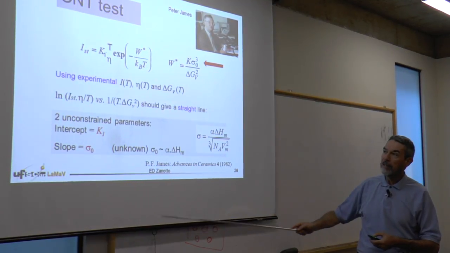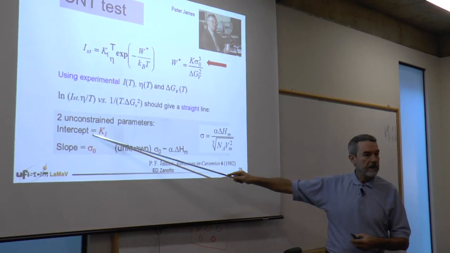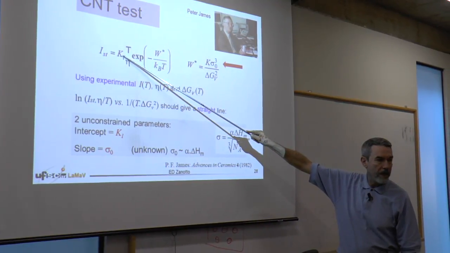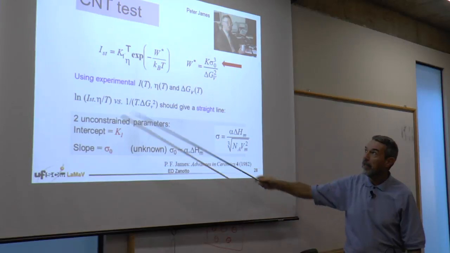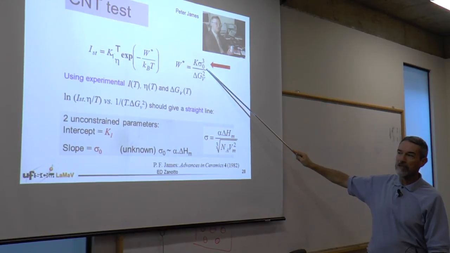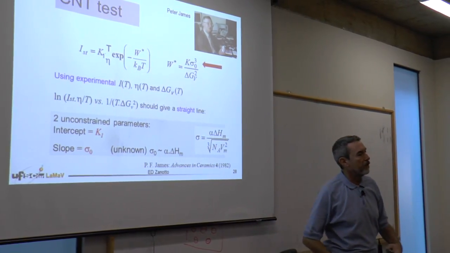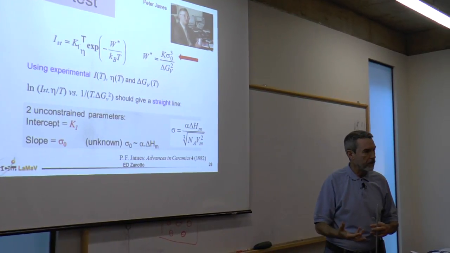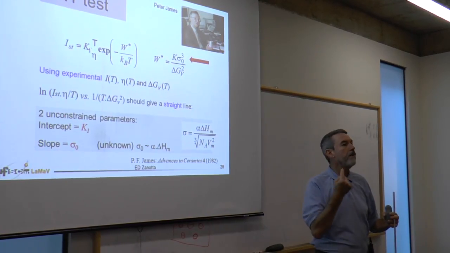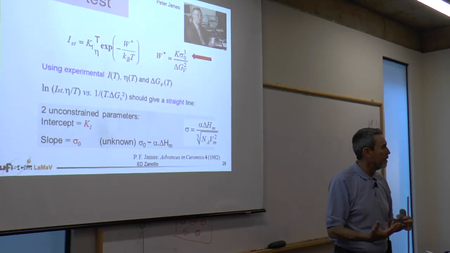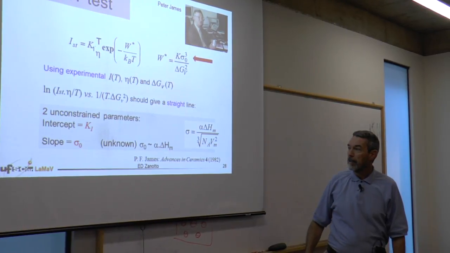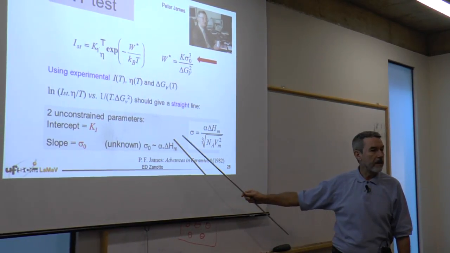And from the straight line, the intercept at the y-axis gives the value of the theoretical pre-exponential, and the slope gives the unknown constant. We have one unknown constant, the surface energy. So this is the equivalent of doing a fitting procedure of this theoretical equation to experimental data with one free parameter, one adjustable parameter. And the adjustable parameter is the surface energy. Is it clear?